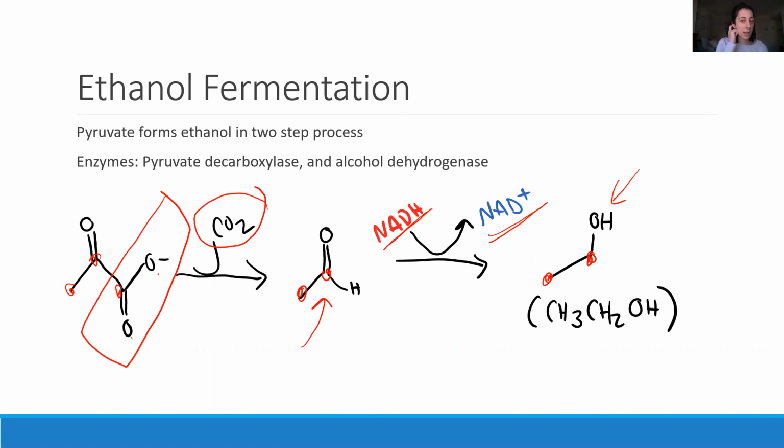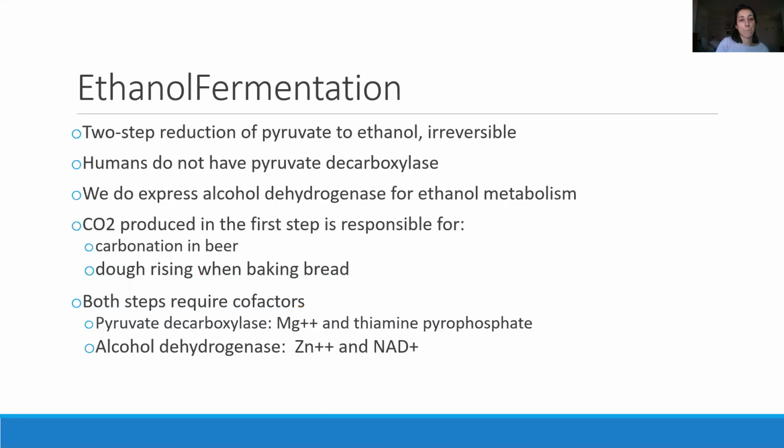So this is the only way. This is many anaerobic organisms. They don't use oxygen at all. They just use these fermentation pathways and glycolysis to get their energy. So again, this is for microorganisms: ethanol fermentation is a two-step reaction of taking pyruvate to then, in the very end, form ethanol, and it is irreversible.